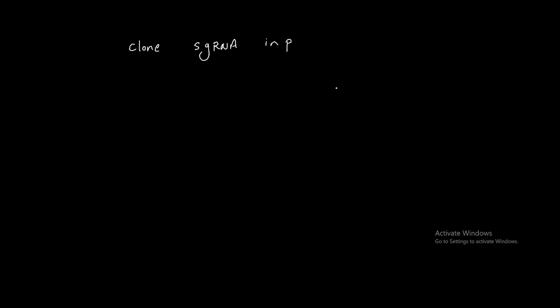You can design your sgRNA in such a way that it has some reporter molecule if you want to see it under the fluorescent microscope. Now you need to clone the sgRNA in a plasmid. After you have cloned it, you need to isolate the plasmid DNA and select only those clones which have your sgRNA. So this is your number one step. This is your number two step.